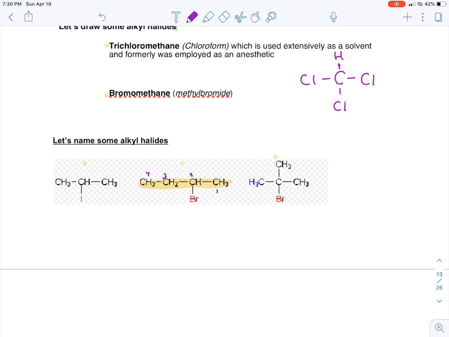Now, why did I pick that side? Because the Br is closer to that side, right? Okay, so 4 carbons is butane, right? There's no double bond or anything in there, so that's pretty simple. And then we have a bromine on the second carbon, so it's going to be 2-bromobutane.